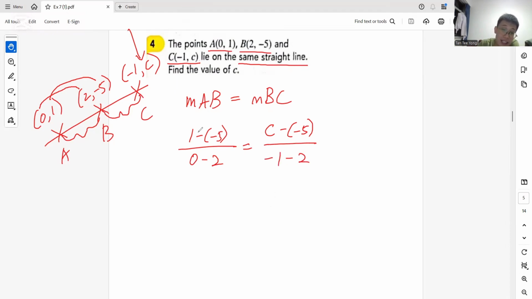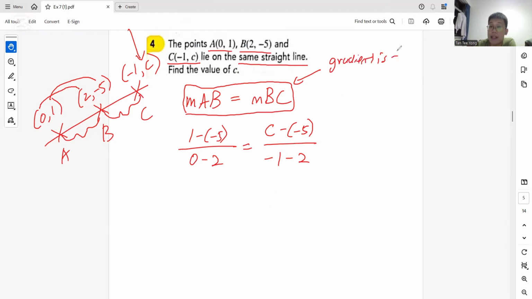So basically, I have created an equation using this, because I know that their gradients are the same. So 6 over negative 2 equals c plus 5 over negative 3.